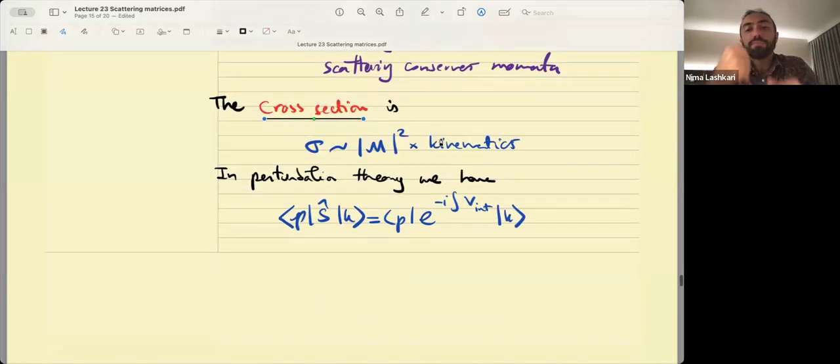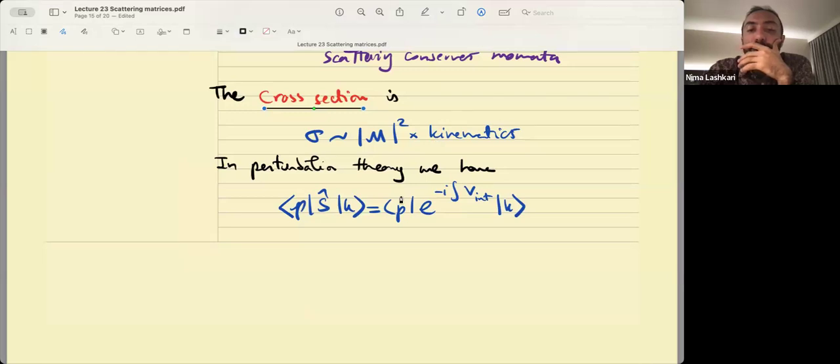In perturbation theory, what we have is that this S is e to minus i integral of V interaction, right? So if the interaction term is 0, this is just the identity piece of the S matrix.